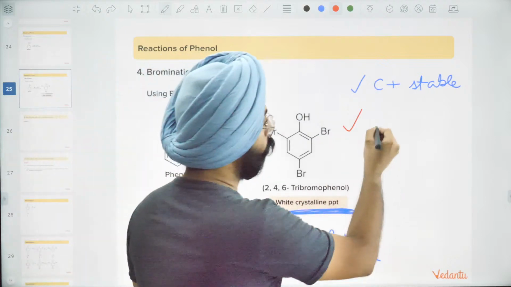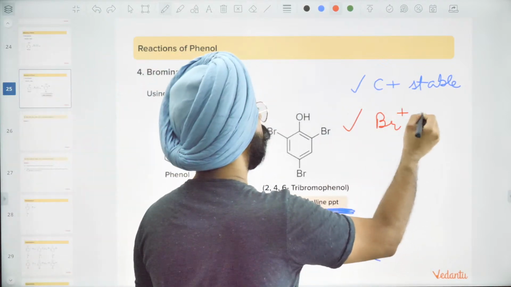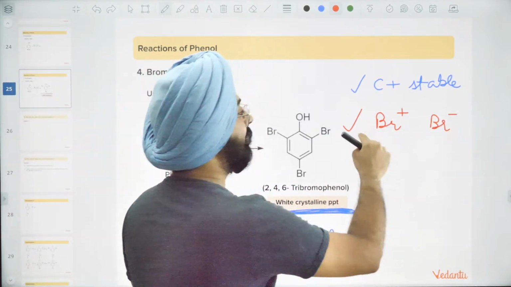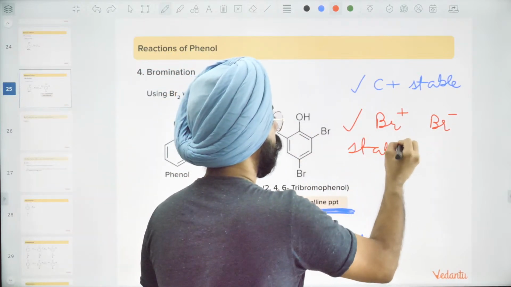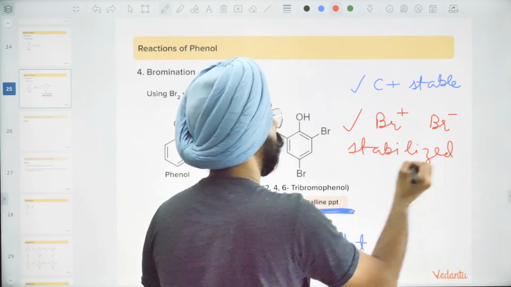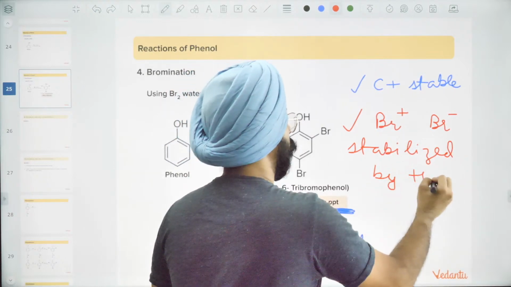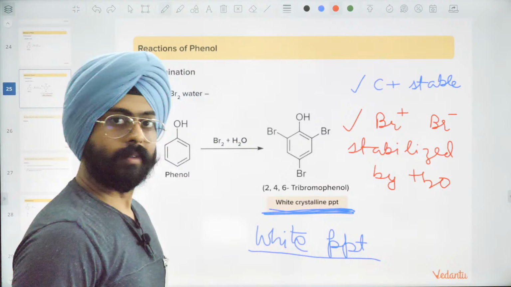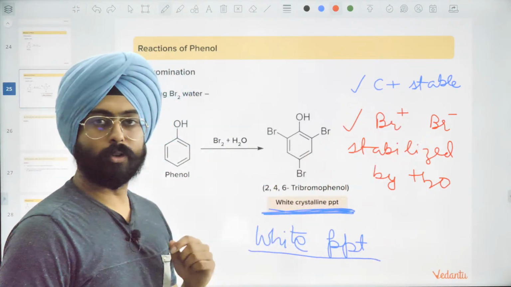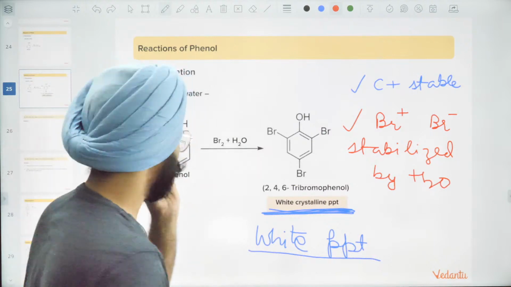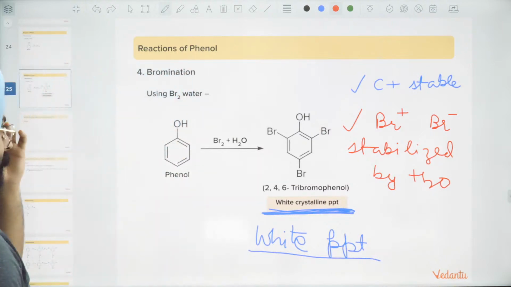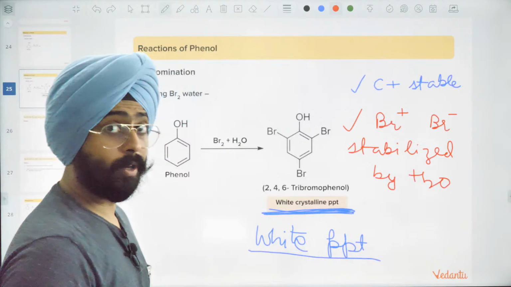So when bromine breaks apart into Br positive and Br negative, these ions are also stabilized by water. Okay, stabilized by water. You know, solvation of these ions will be very beautiful over here, right? समझता है? Got it? Awesome. So these are the reasons.